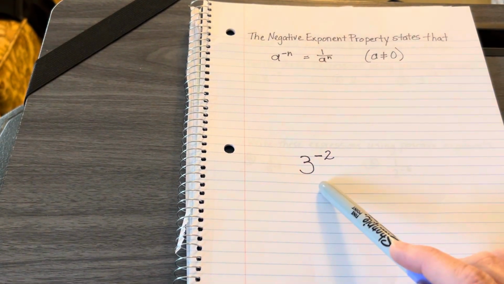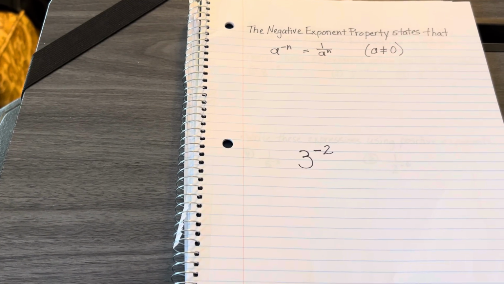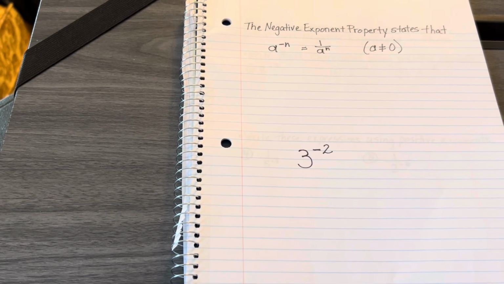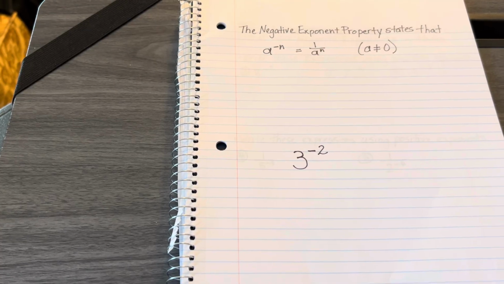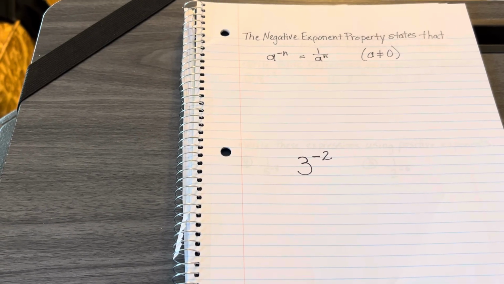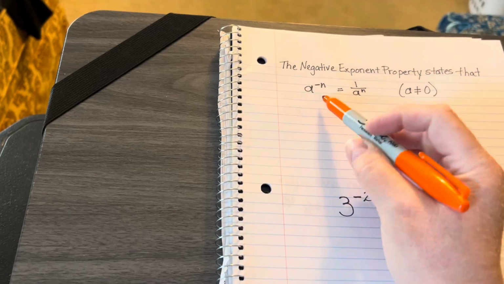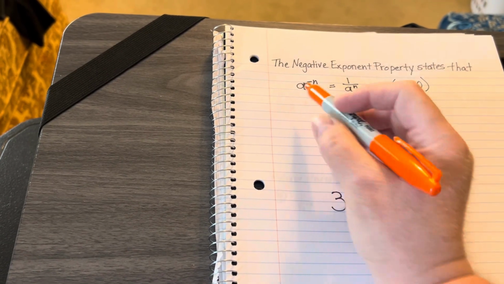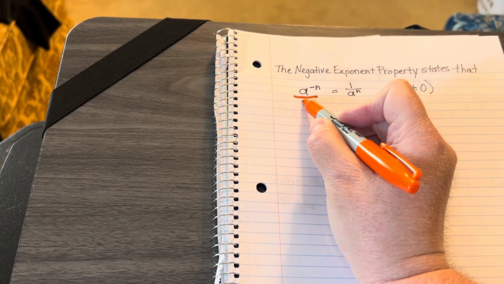So when you see that, what you need to do, and your book doesn't show it this way, but it might help you to visualize it this way, at least in the beginning, is come up here to what your book has, a to the negative nth power, and let's put that a right there over 1.